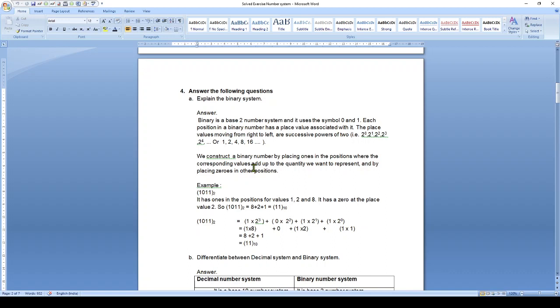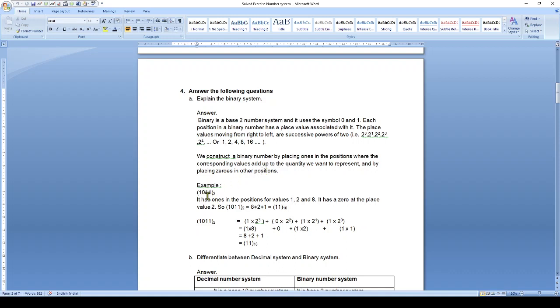How we construct binary numbers? We construct binary numbers by placing ones in the positions where the corresponding values add up to the quantity we want to represent, and by placing zeros in other positions.